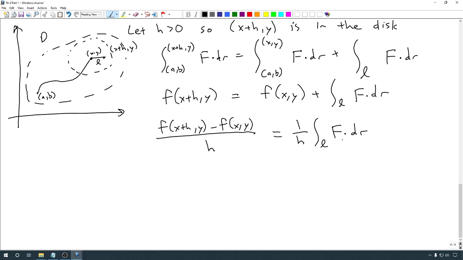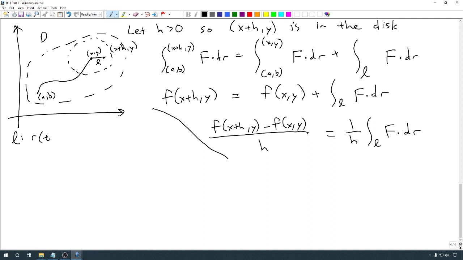And I'm going to do that specifically by giving the curve L. I know what that curve L is. I can go ahead and work out what it is. So here, L being the line from xy to x plus h, y, I can go ahead and write that. Let me move this over a little bit.